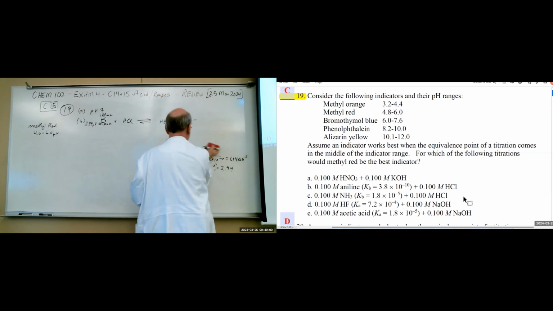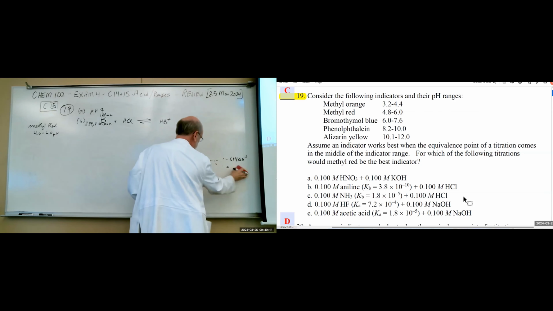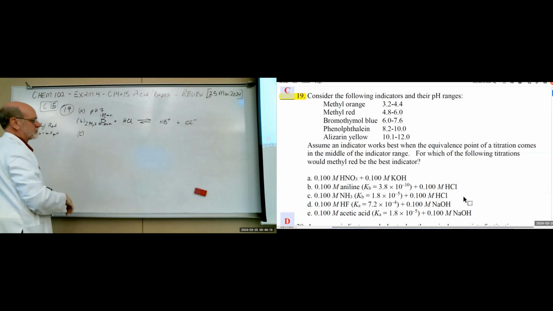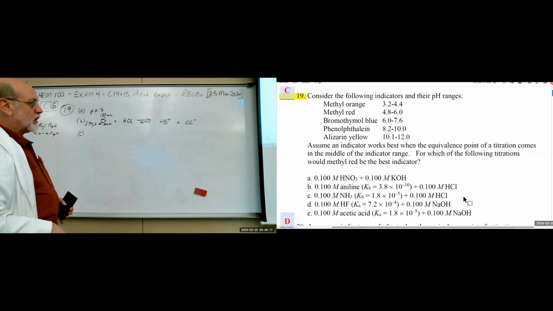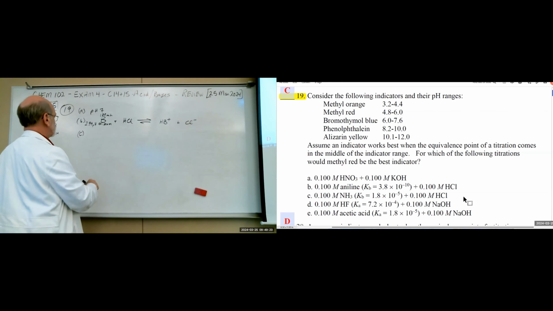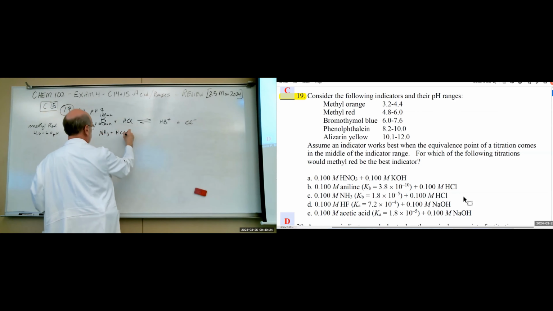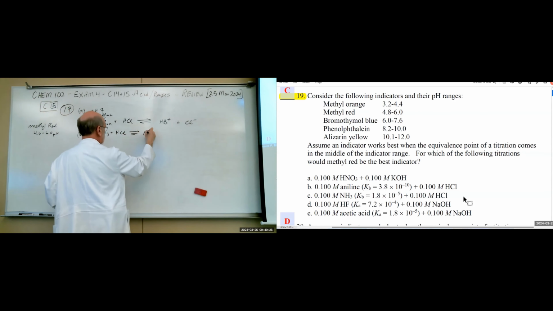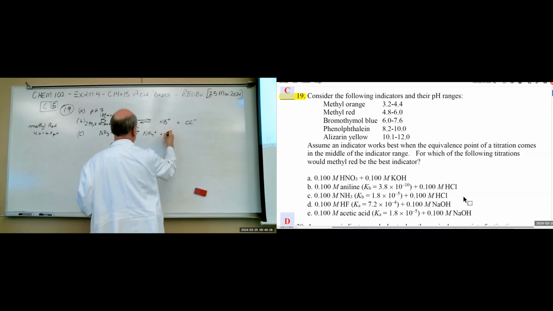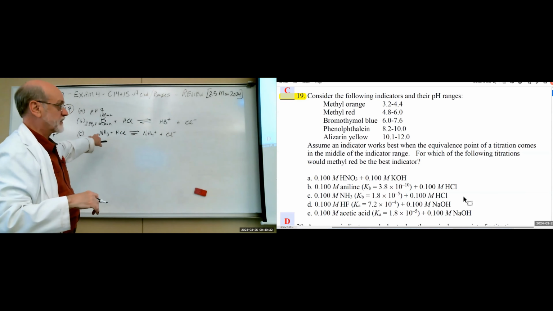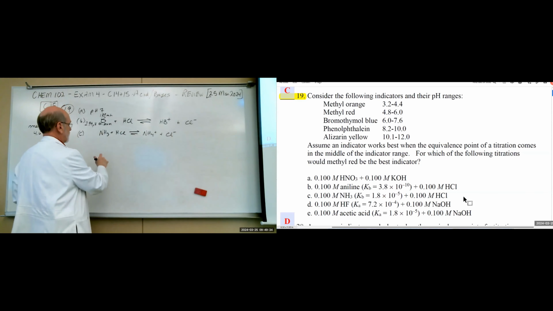This looks like a good bonus question because it's going to take forever. How about C? Ammonia and HCl. So we got ammonia plus HCl yields NH4 plus Cl minus. And stoichiometry here will be the same thing as above. Right?